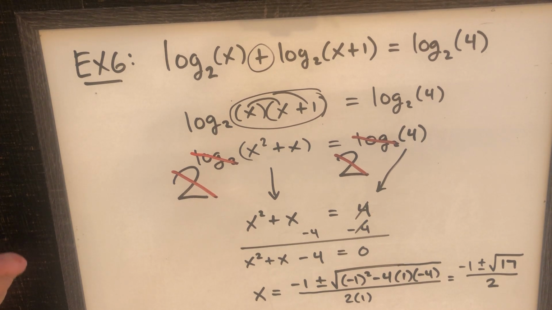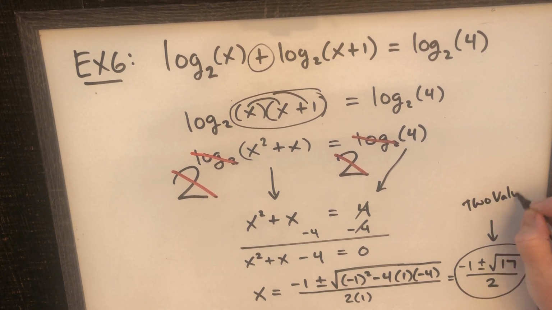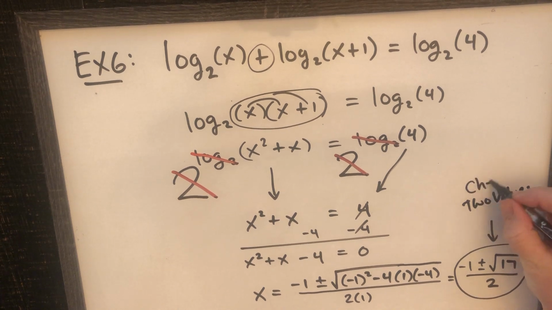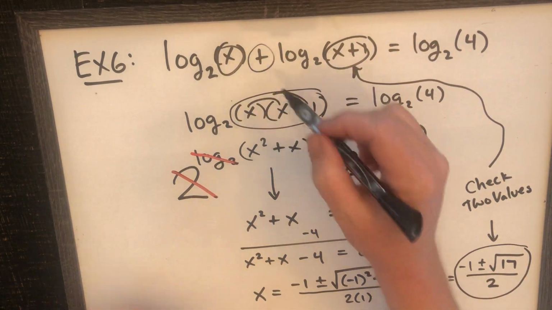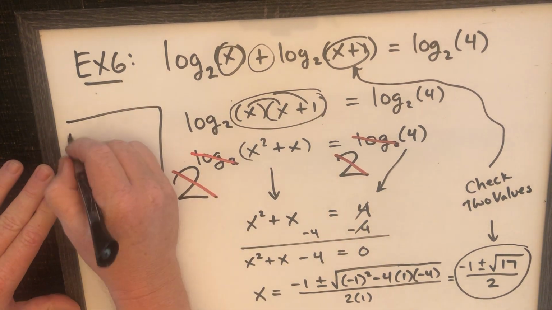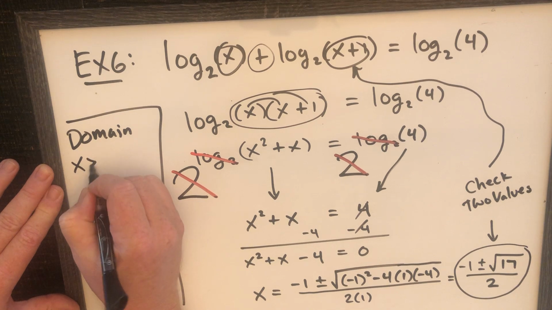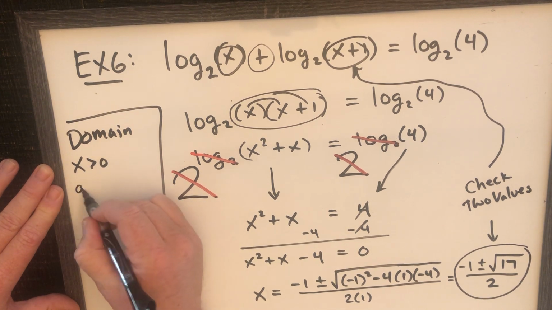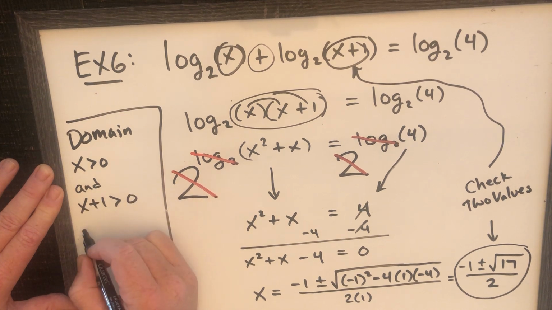Now, I'm not going to actually plug these numbers in. This is two values. But I am going to check with the domain here. The domain is x must be greater than 0 and x plus 1 must be greater than 0.